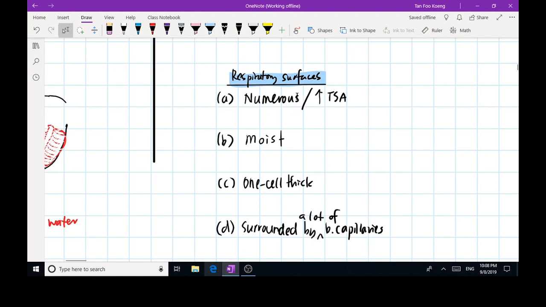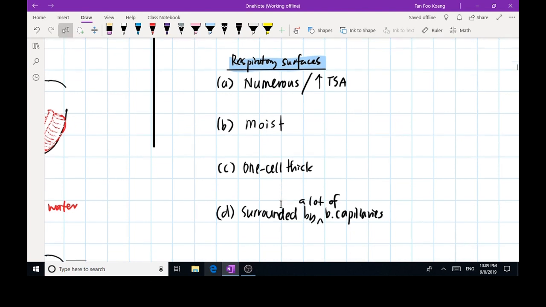How? By increasing the number of the surfaces. Just like us, we have millions of alveoli, and the inner surface of the alveoli, for example, is moist so that the gases can dissolve in the moisture. Number three, the membrane of the surfaces must also be one cell thick. Otherwise, the diffusion of gases might not be easy.